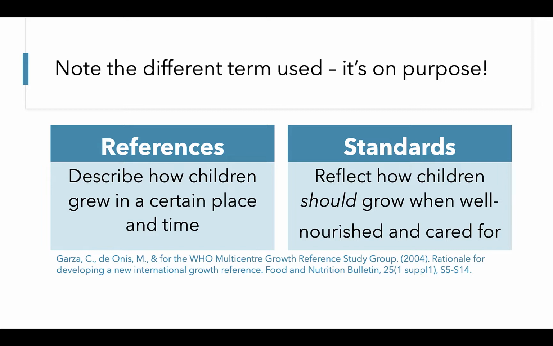A reference describes how children grew in a certain place or time, so the CDC growth charts are based on a reference sample that was representative of children at the time the data were collected. In contrast, the growth standards reflect how children should grow when well nourished and cared for. And these standards are achieved by careful sampling and methodology so that the population that's surveyed reflects this ideal.